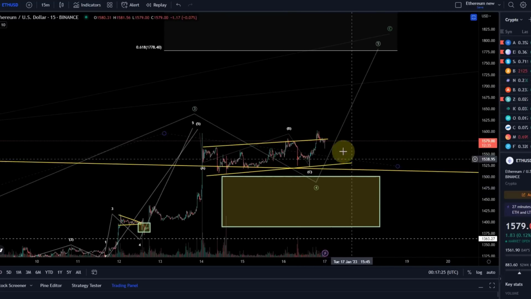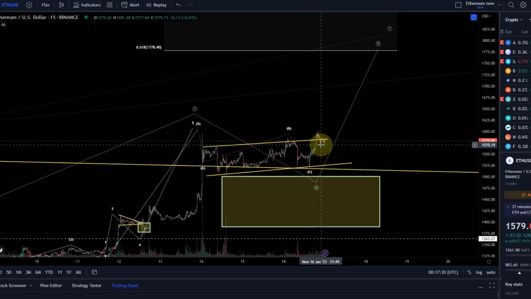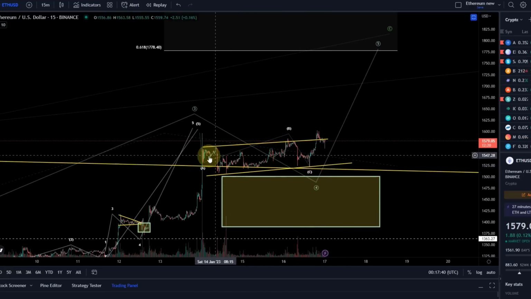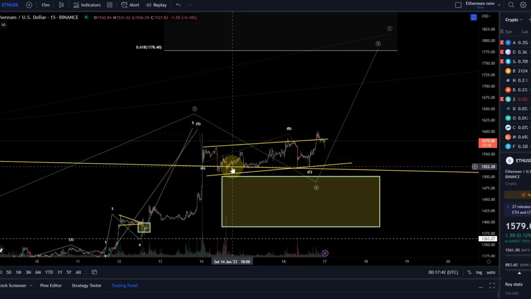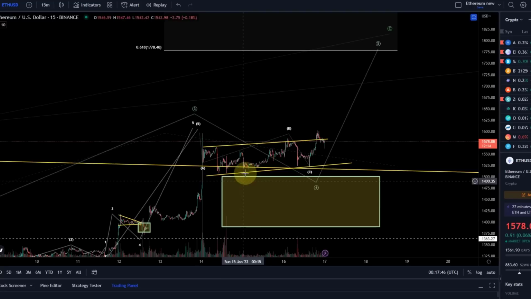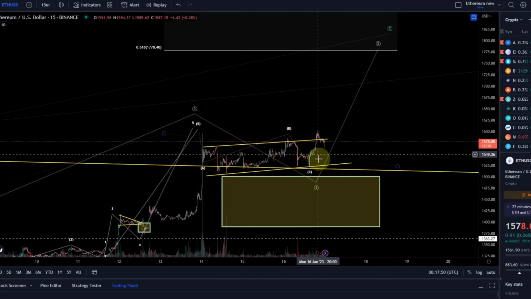So what obviously needs to happen now to do that is, first of all, this scenario that I'm just telling you is only valid as long as we're holding the C wave low at 1523. Below that, it will be invalidated, and then we have a situation where I really need to seriously rethink what we have here. There are so many possibilities, so I don't want to speculate now, so we need to wait.